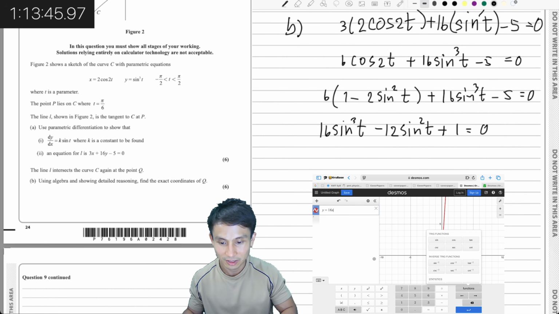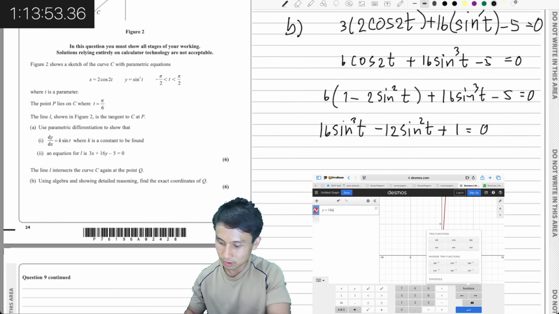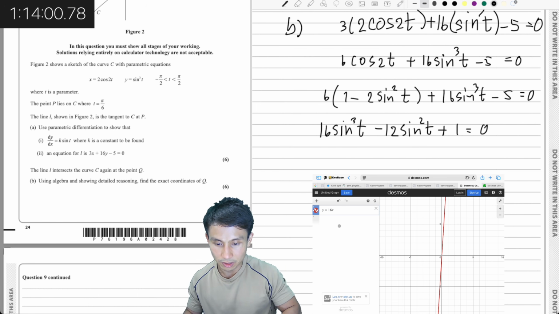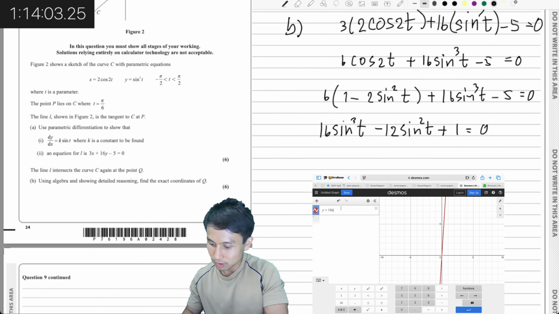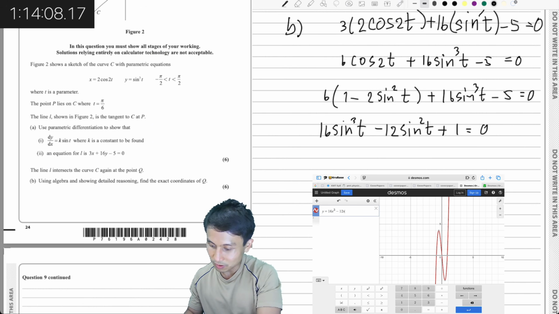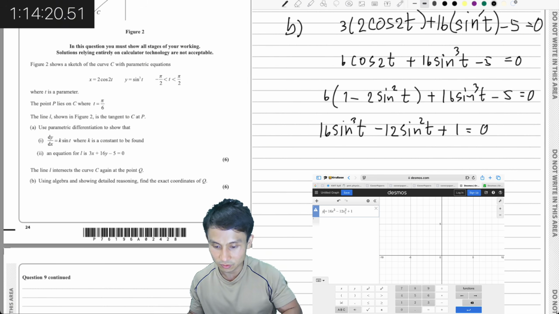That's bad. Okay, to the power of 3, and then minus 12x to the power of 2, and then plus 1. And then let's put that to 0, because we're solving it to 0. So there you go.